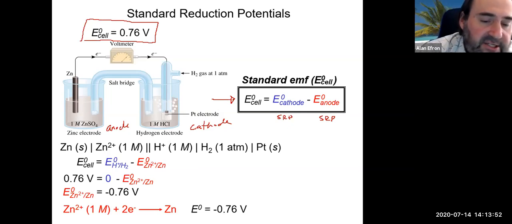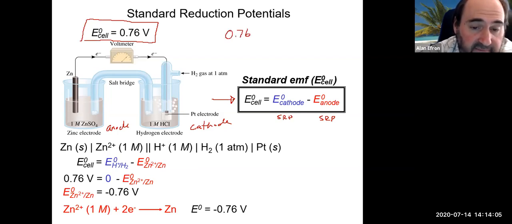So if we use this, we know that in this case the hydrogen electrode is our cathode, which means the E of the cell was 0.76 volts. Our cathode was 0 volts minus the E of our anode, which in this case was our zinc.